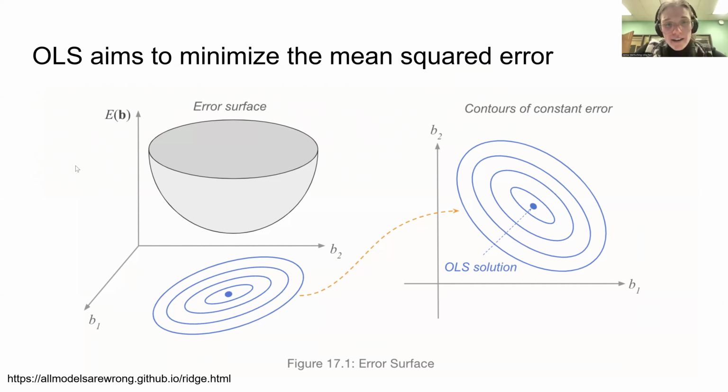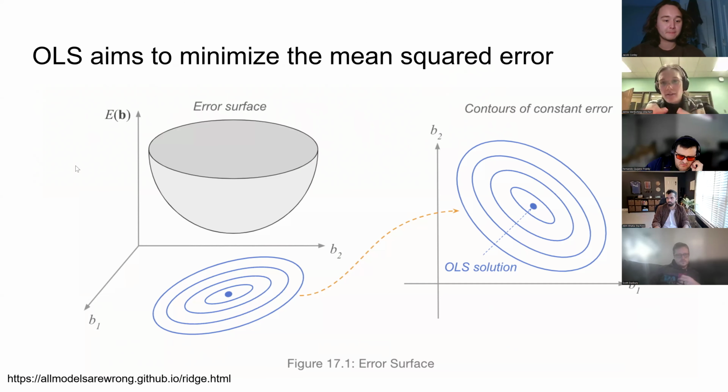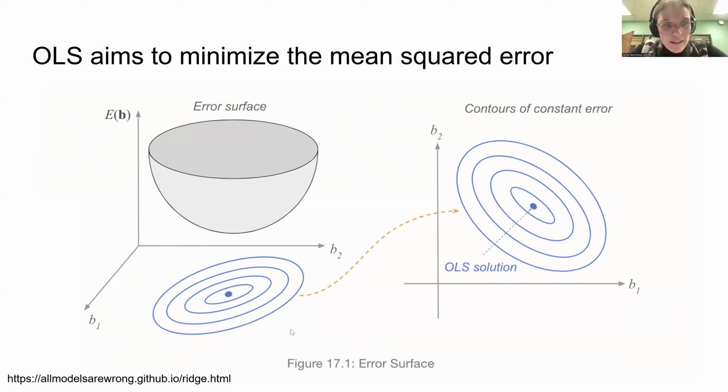When the error surface is projected onto the coefficient plane, which is where we have our B1 and B2 as our X and Y axes, we take the middle of that circle as the OLS solution, right? That is the point that minimizes that kind of 3D parabola that we're seeing on the left-hand side of the screen. But then what the lasso does is it imposes an additional constraint on those parameter values.